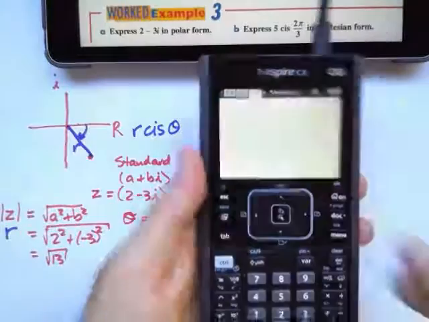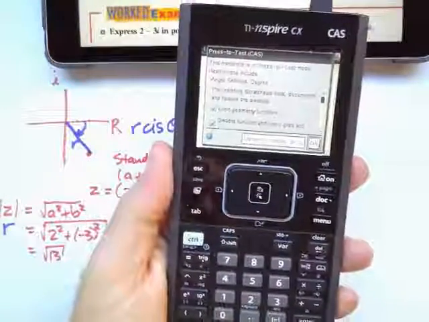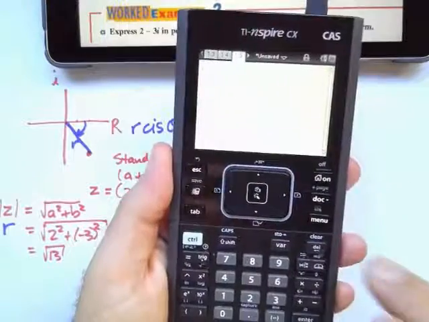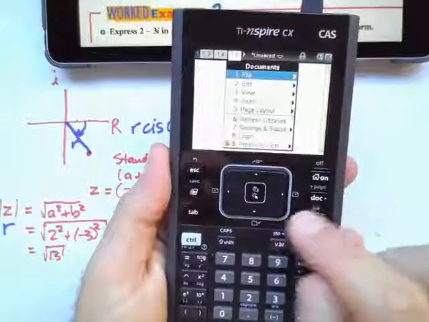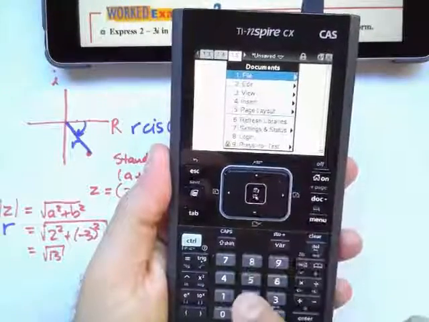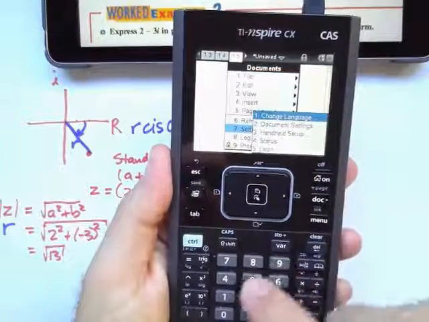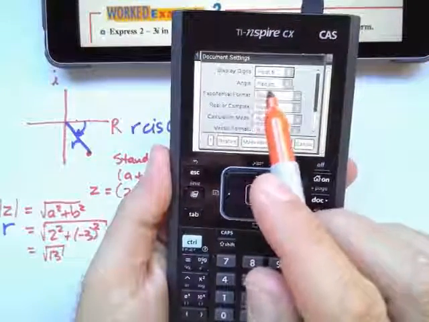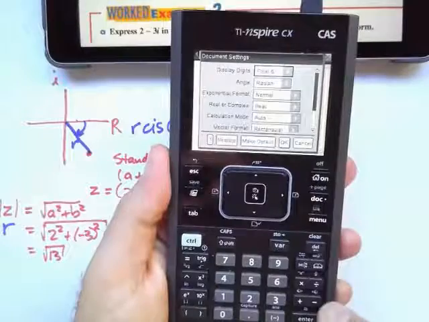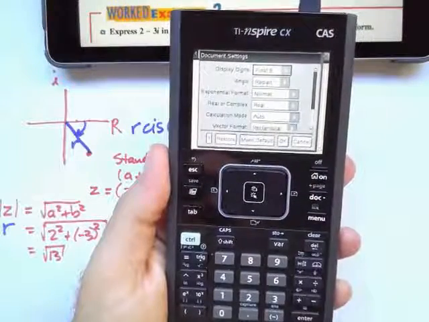On your calculators, please make sure that you have your calculators in radians. Do a quick check on that: document settings, which is 7, document settings, which is 2, and we can see that the angle is in radians. You have to make sure of that. Enter.